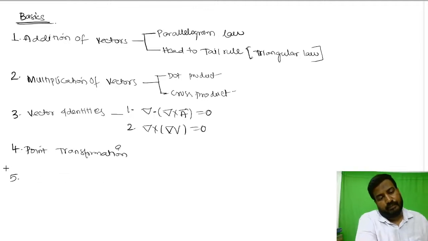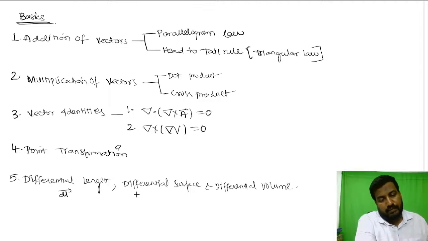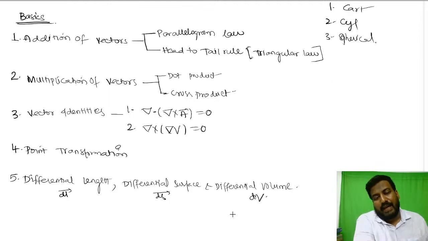Fifth, how to write differential length, differential surface, and differential volume, namely dl, ds, and dv in all the three coordinate systems, namely Cartesian, cylindrical, and spherical coordinate system.